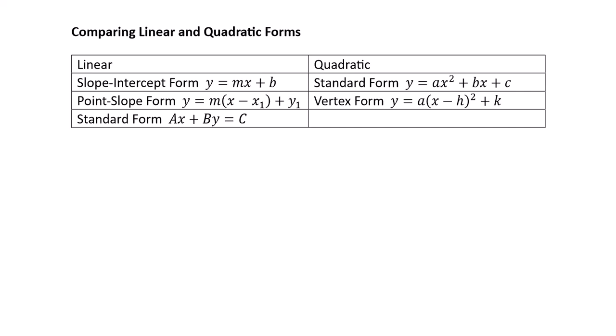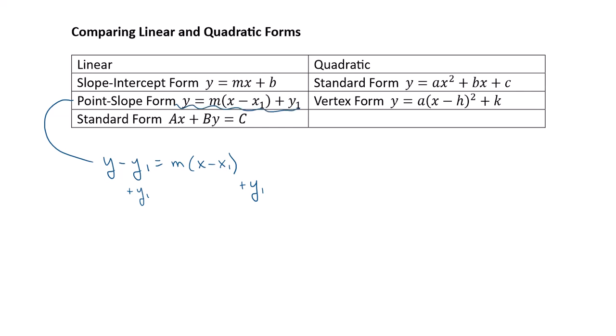In linear equations, we have point slope form. Now we have changed the way this is written. You're used to seeing it y minus y sub 1 equals m times x minus x sub 1. And in this form, we've made it a function by adding y sub 1 to both sides and getting this form.